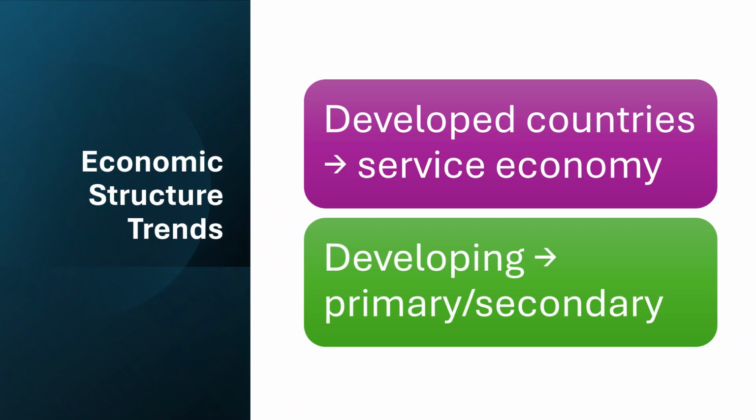The United States still has farms and still produces, but just not very many. And in developing countries, where it's mostly primary and secondary, there are still areas where there are markets and schools. People still have to buy and sell products and get educated. So tertiary sectors do exist in developing countries, just not to the degree that they have in developed countries.